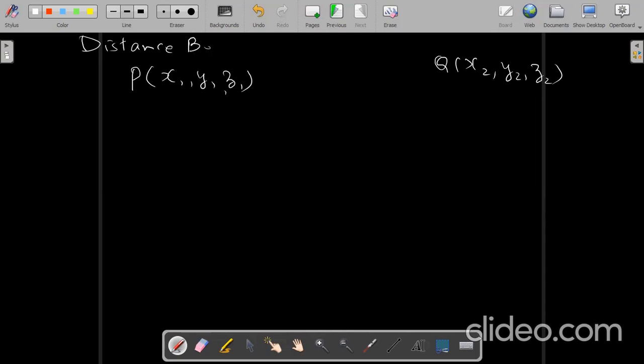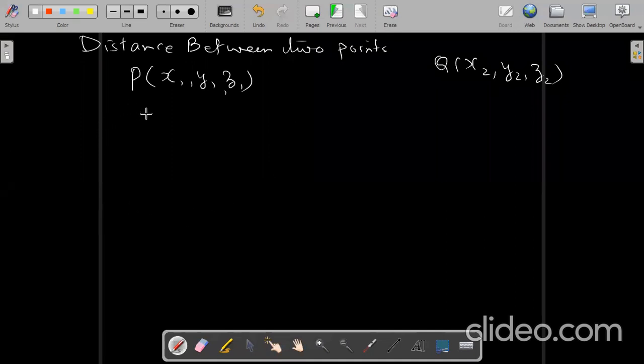The formula is the same. So how to find the distance between 2 points? In 2D, we have seen the square root of x2 minus x1 whole square plus y2 minus y1 whole square.